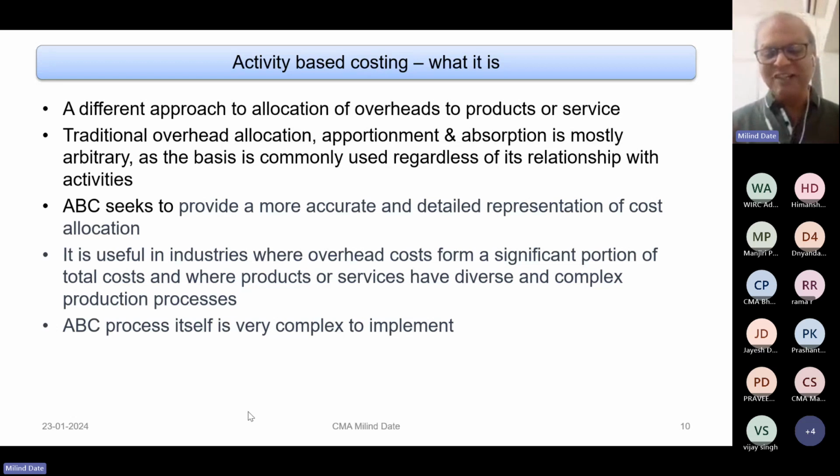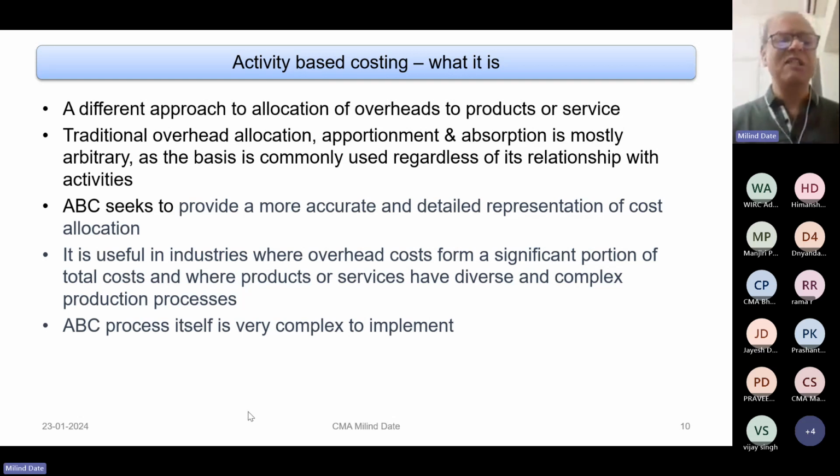And once you decide the drivers, it is very easy to run activity-based costing within your computer system. But the initial identification of drivers, keeping track of volumes of drivers, and then getting people to support this technique and its use, it will be very, very challenging.